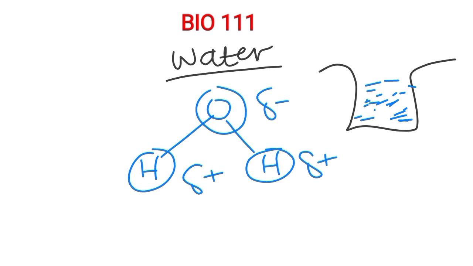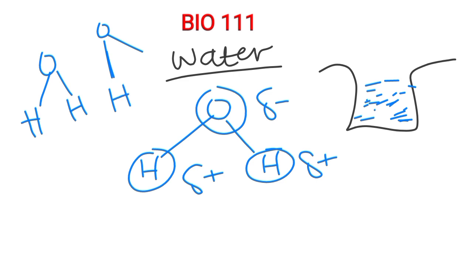We have one water molecule with oxygen and hydrogen like that. We also have another oxygen and hydrogen like that. This hydrogen is partially positive, and this one is also partially positive. The partially positive atoms are going to be attracted to the partially negative atoms, which is oxygen in this case.